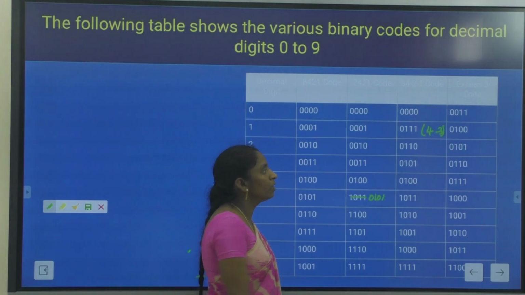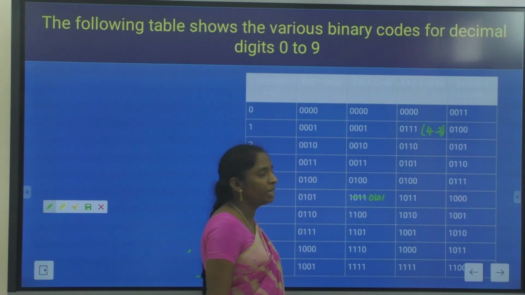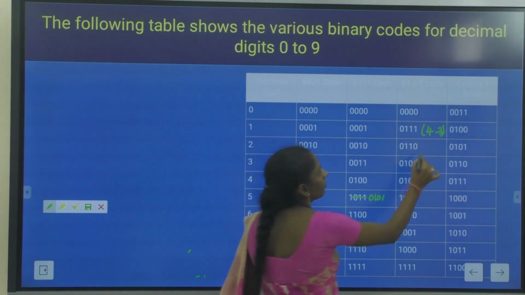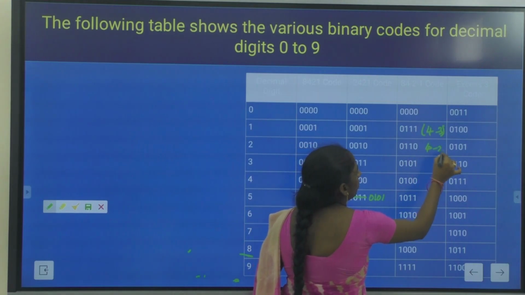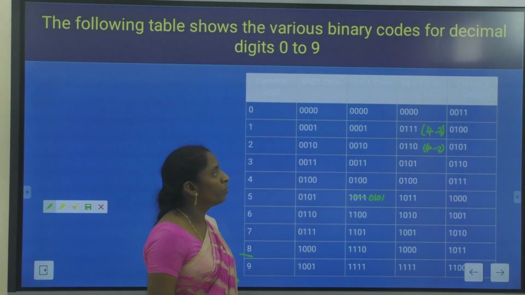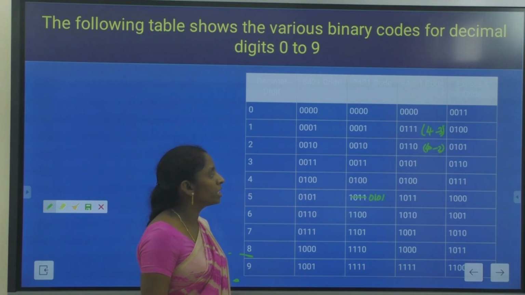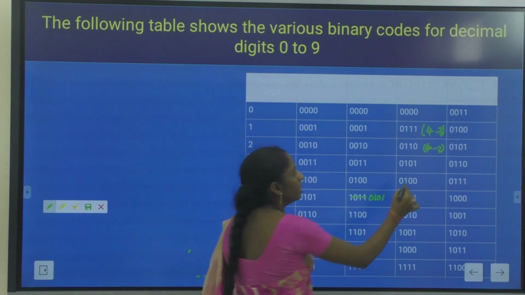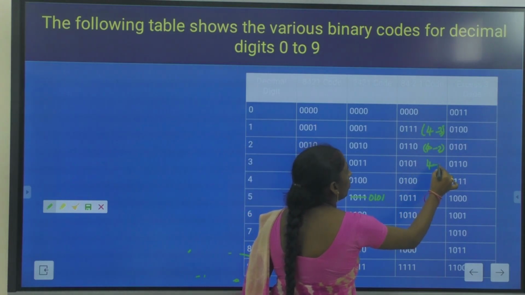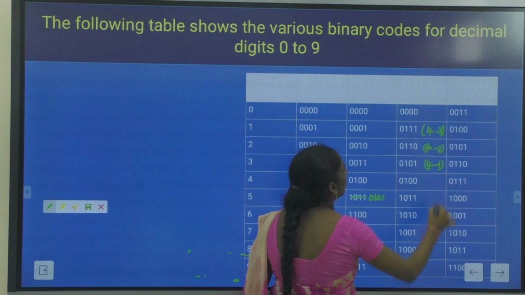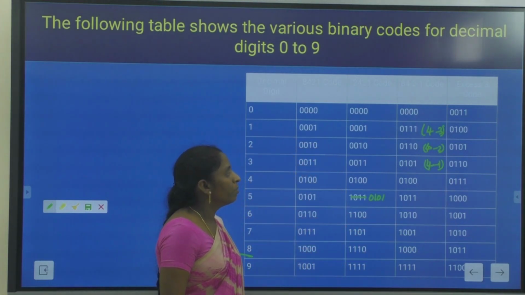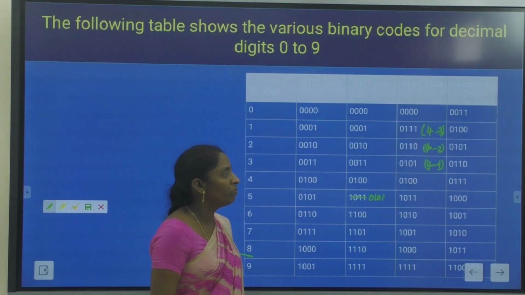Those 3 positions are 1 and the remaining is 0. To represent 2, 4 minus 2: the 4 position and minus 2 position are 1, the remaining are zeros. To represent 3, 4 minus 1, which is 3: the 4 position and minus 1 position are 1, remaining are zeros. To represent 4, the 4 position is 1, remaining are zeros.